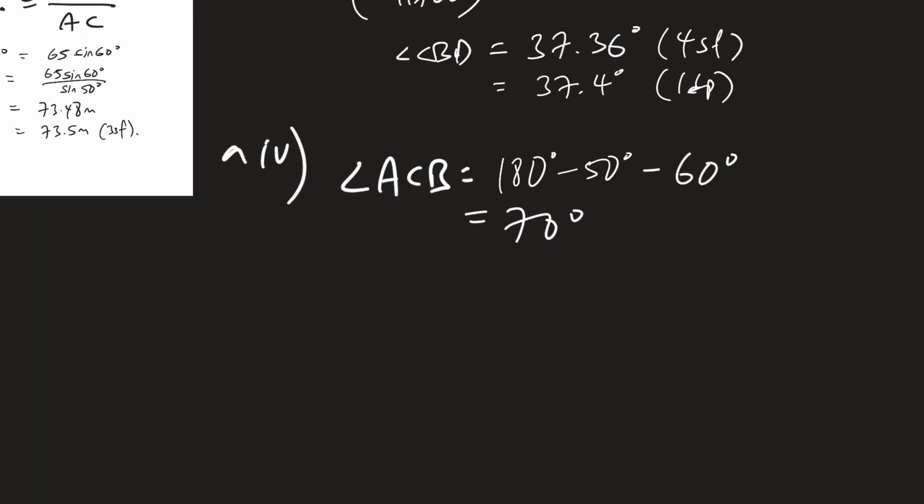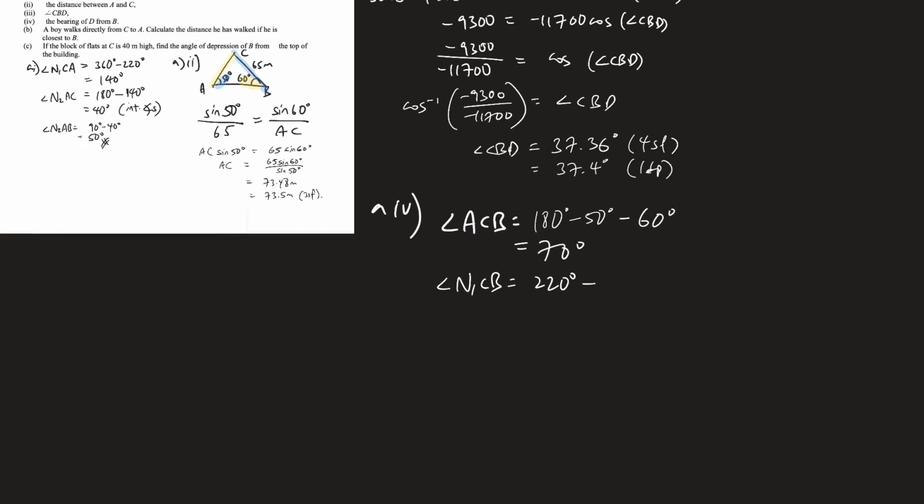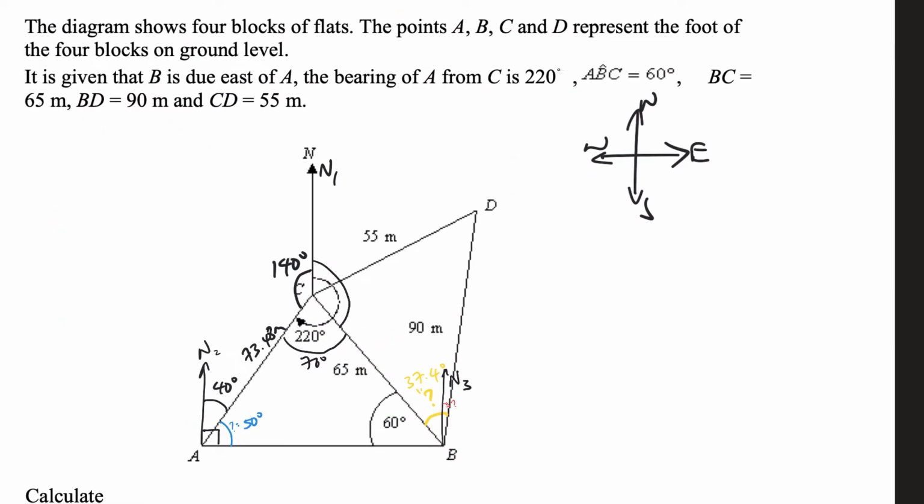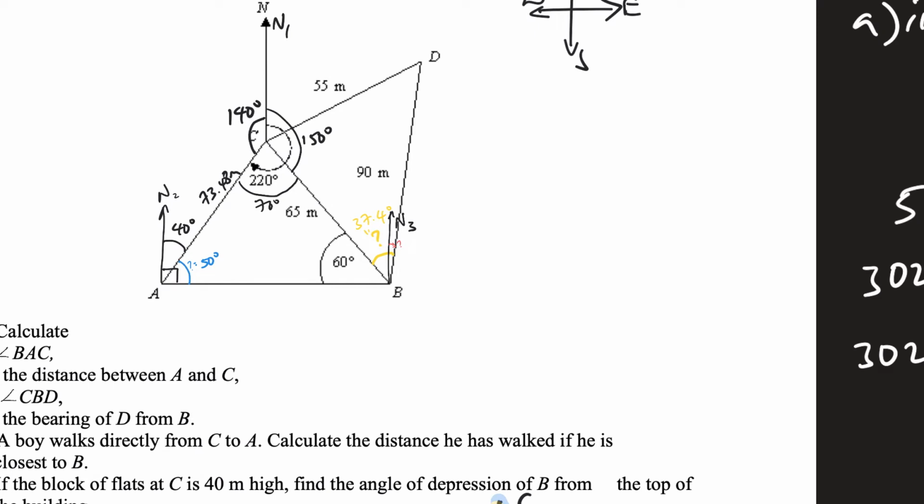So I'm going to say N1CB equals 220 subtract away 70 degrees, which is 150. Am I right? Yep. Okay. So this is 150. So therefore, CBN3, or this little angle here, it must be 30 degrees.